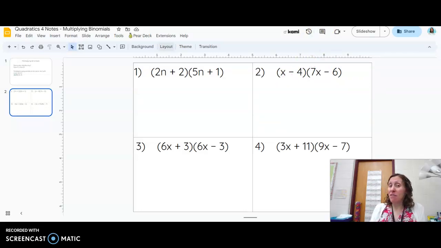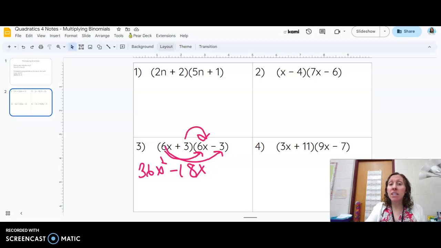This next one looks pretty fun. We have the same thing in the parentheses, except one says plus and one says minus. So let's see what happens. 6x times 6x is 36x squared. 6x times negative 3 is negative 18x. Now let's multiply that positive 3 by both terms in the second parentheses.